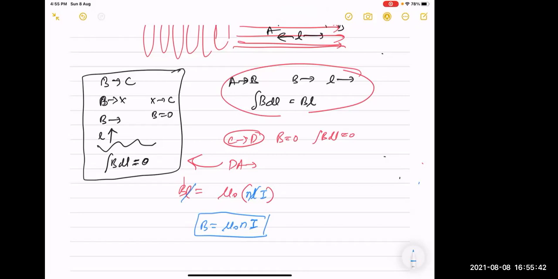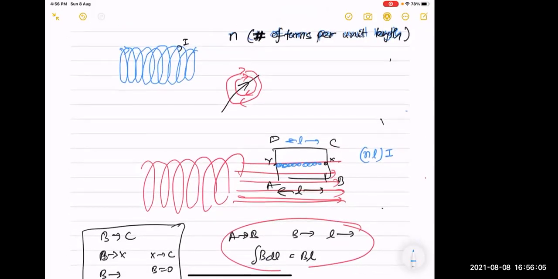Sorry, I got disconnected. Can you explain how you got mu naught N L I? Did you understand the left side, the integral of B dl? The right side is the Ampere loop, the rectangular black colored loop. If this is my solenoid, the wires are wound around it like this.